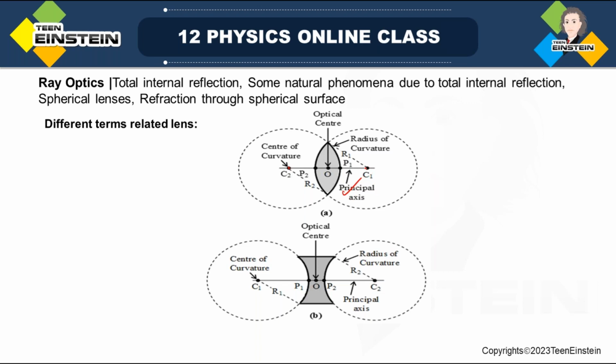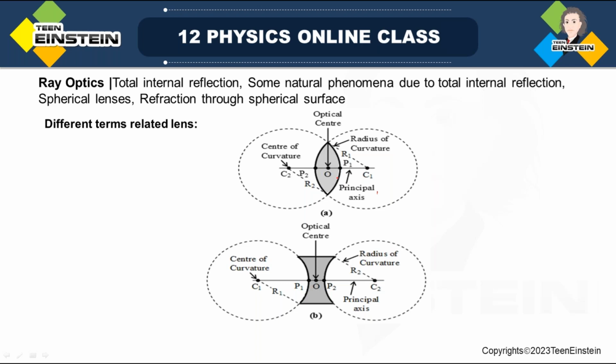In this case also, if we connect C2 and C1 for both the spheres and then extend, that will give you the principal axis. The definitions are the same for both concave and convex lenses. Now, radius of curvature, as I said, these are actually the radii of the two different spheres.